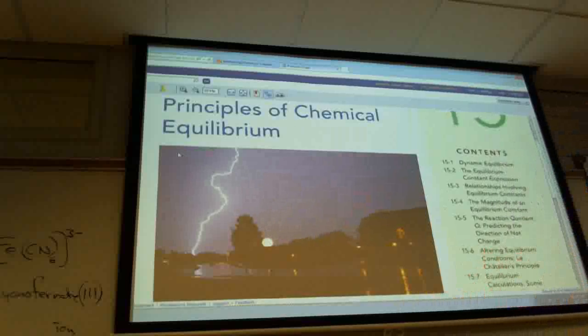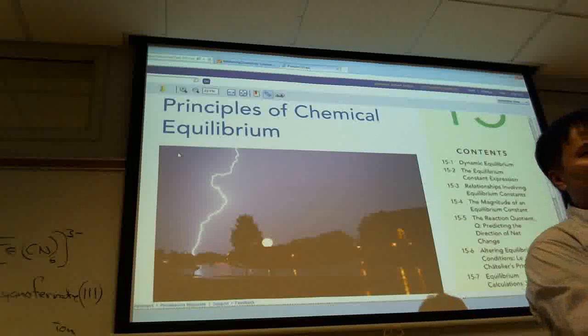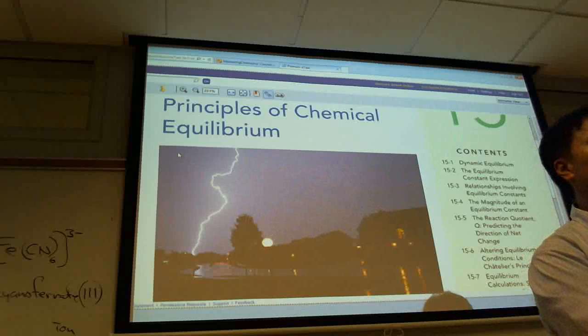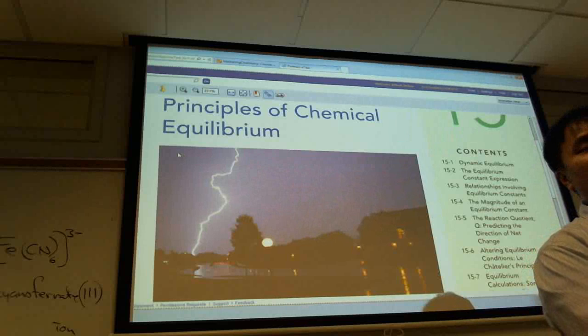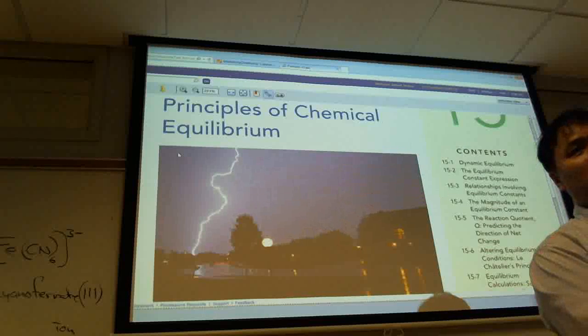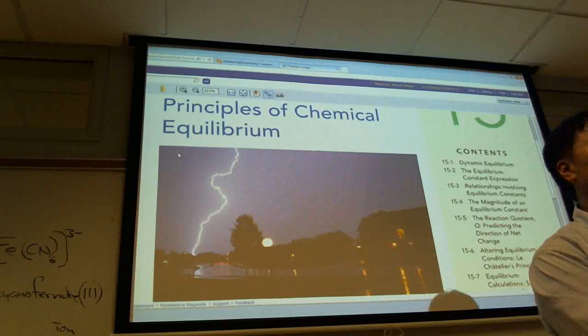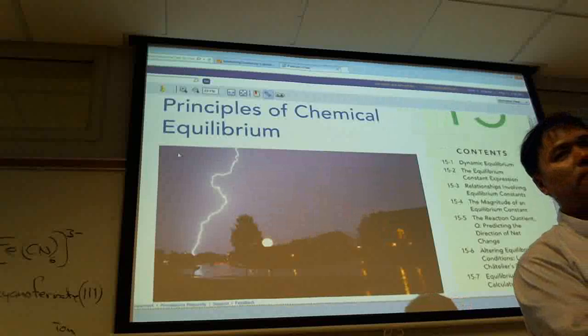So even in the products, you're going to have collisions between the products happening, right? And as you have collisions between the products, then the reverse reaction can take place. Can you stop collisions? What's one way you can stop collisions from happening? Cool it down to 0 Kelvin, and then you aren't going to have any collisions. But anything above 0 Kelvin, you could have some collisions occur, right?